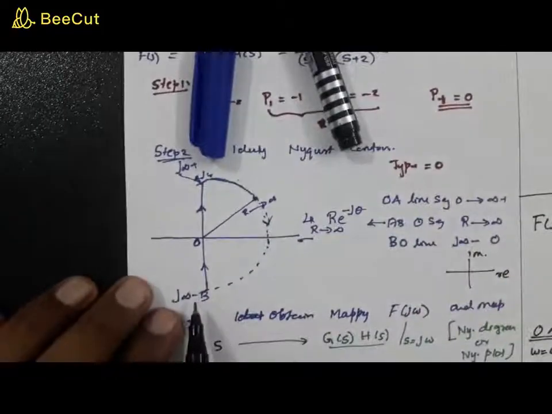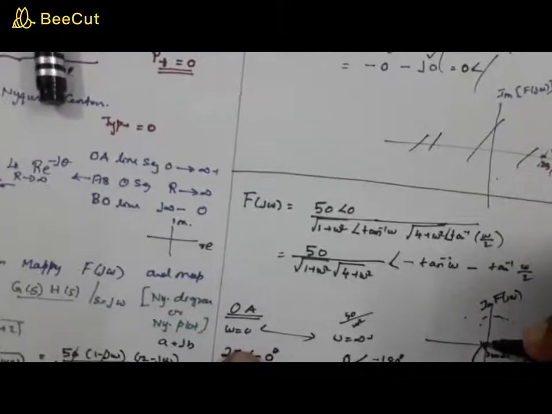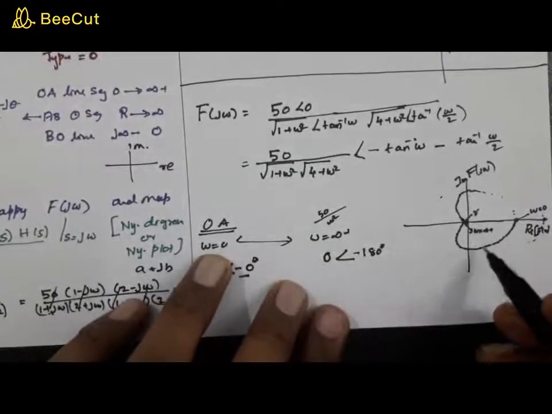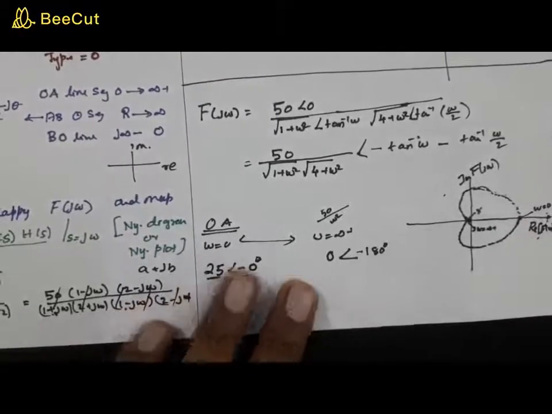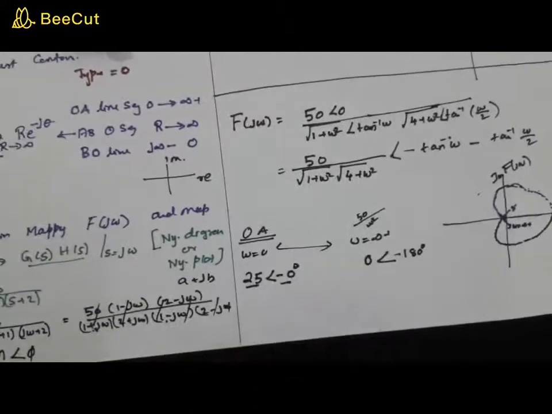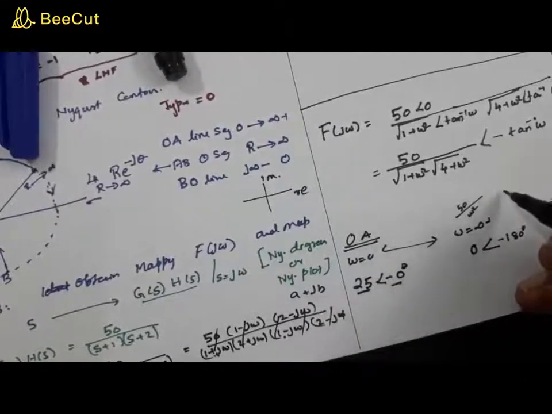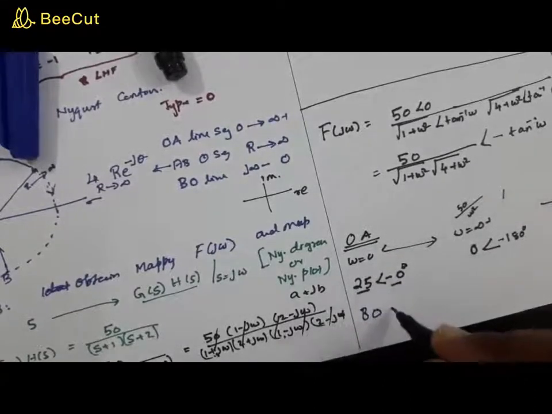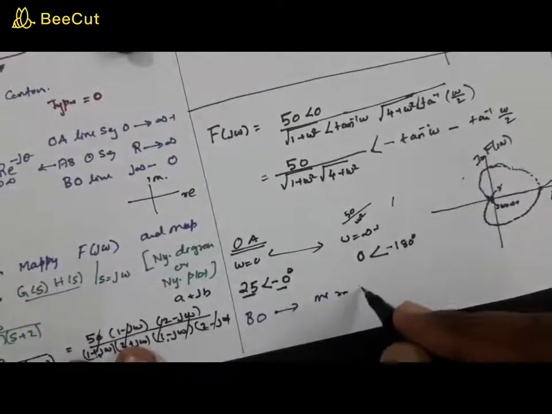The next point is infinity minus, so the upper point refers to infinity minus, and that has to travel exactly similar to this picture, the mirror image of that. So you will be getting a picture like this, right? Once you get OA, it is easy to get BO, and that is nothing but the mirror image of OA.